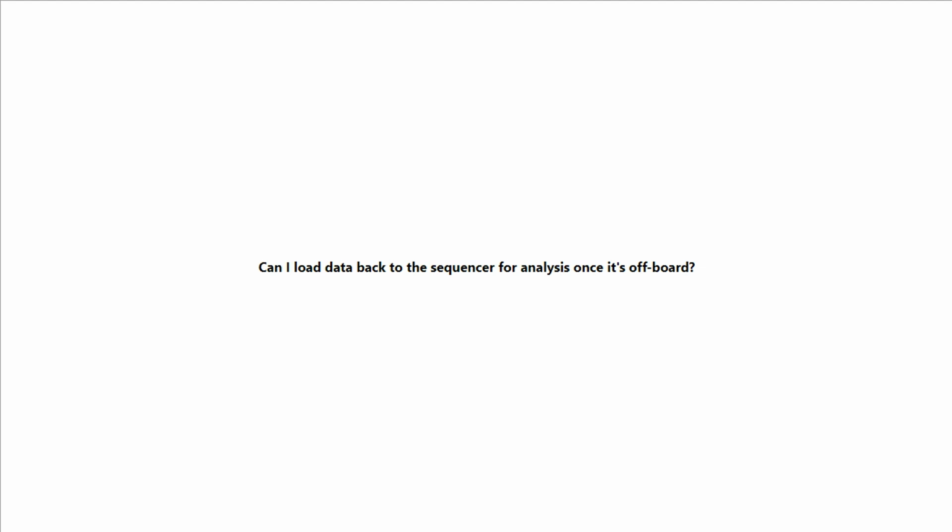If you want to load the data back to the sequencer, that's unfortunately not possible. With Dragen onboard NovaSeq X, you can only process the data that's generated on the sequencer and that remains on the sequencer. If you take the data off the sequencer, you would need another alternative to process that data. We recommend either a Dragen server or Dragen on ICA to reanalyze that data.